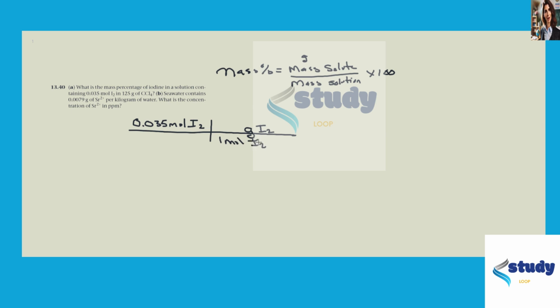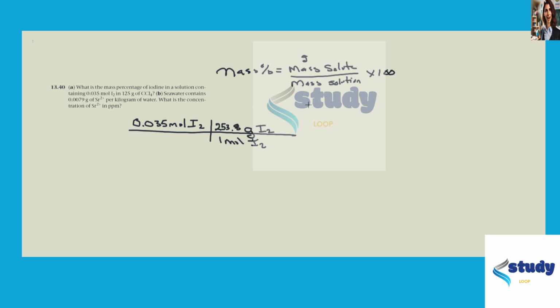So let's check out our periodic table, and we find that iodide is 126.9 grams per mole. And just remember, we have 2 of these, so we absolutely have to count it twice. So that's 253.8 grams. In our calculator, we just times that by our 0.035 moles.